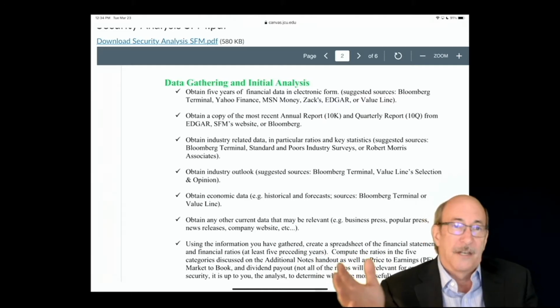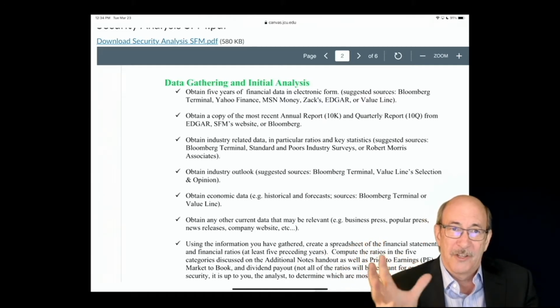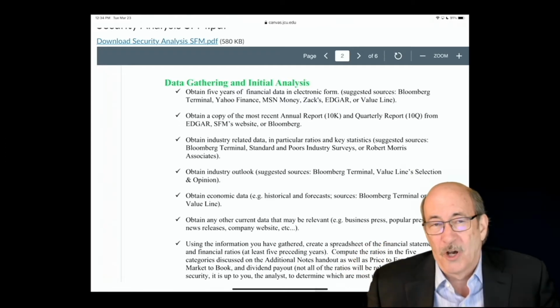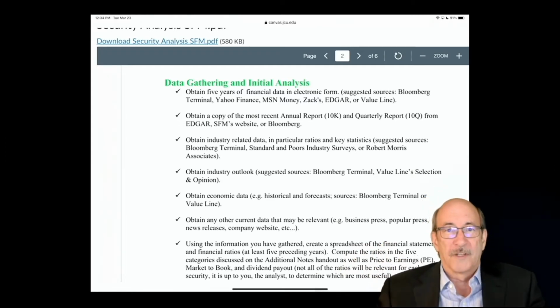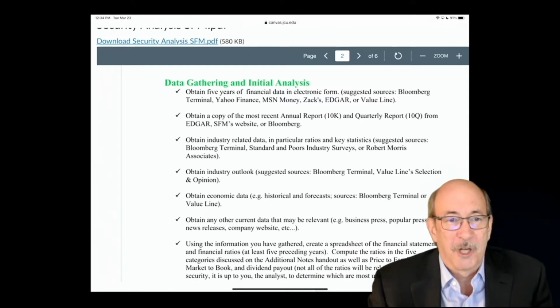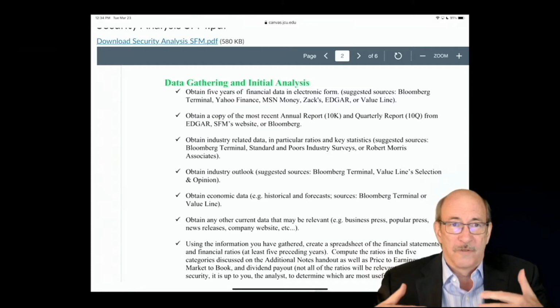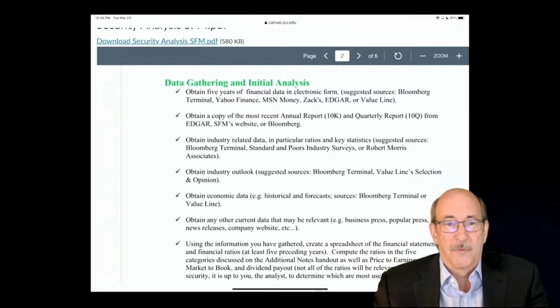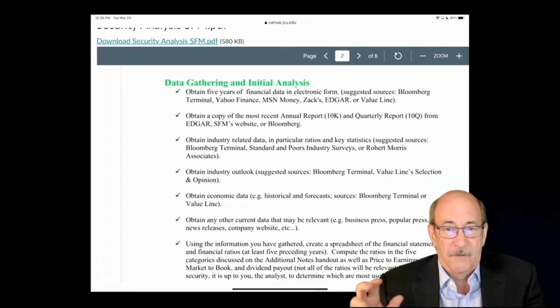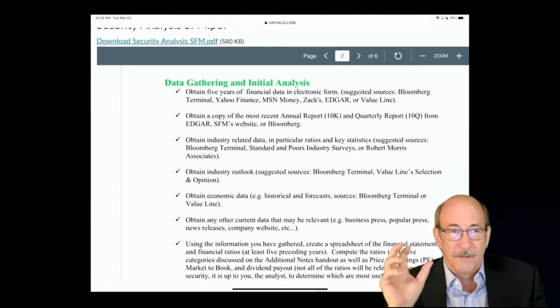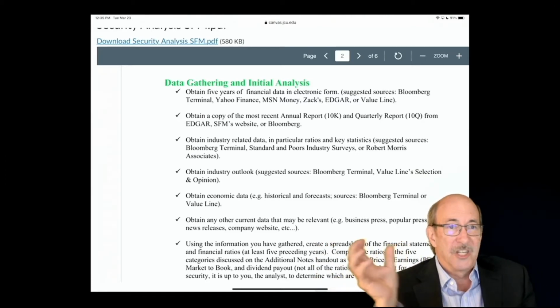Here again, since we're living in this virtual world, I don't expect you to print this all out. In fact, it'd be a horrible waste of paper for everybody to print out the 10K and the 10Q. What I want you to do is to produce for me an electronic document, preferably a Word doc, where you have the links to all of these items to PDF files. So I can see that you've got it all in one spot. It's easily accessible.